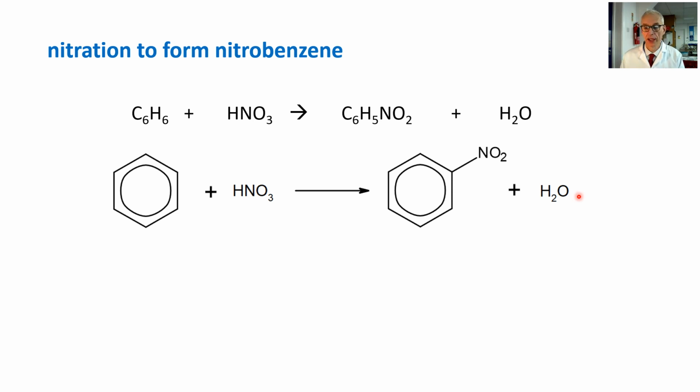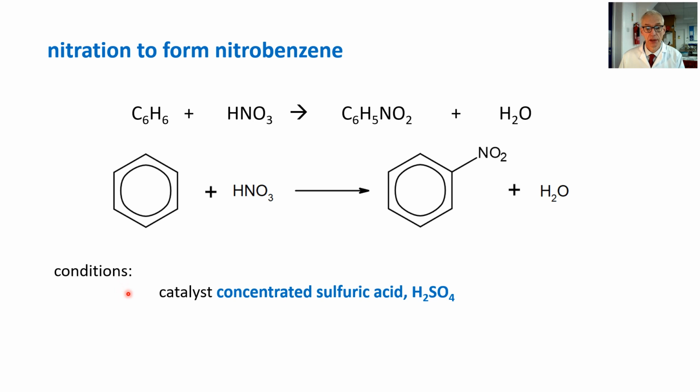Now, at this stage, you know that you will need to know the conditions. So the conditions, the first one vital, is the presence of a catalyst, concentrated sulfuric acid. Now, catalysts and other conditions are often written above the direction of change arrow.